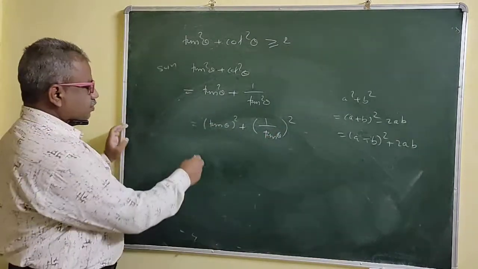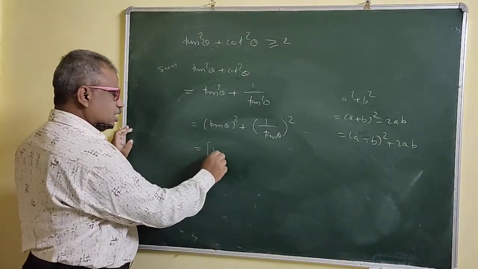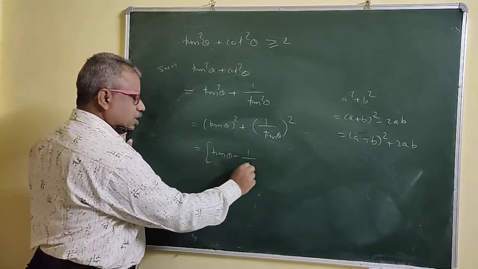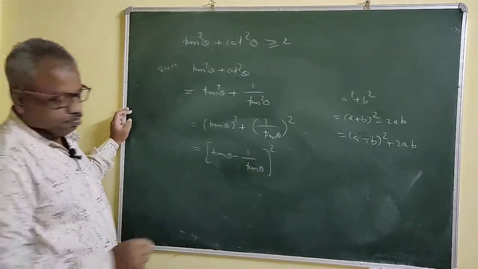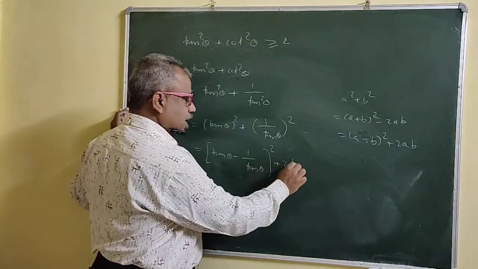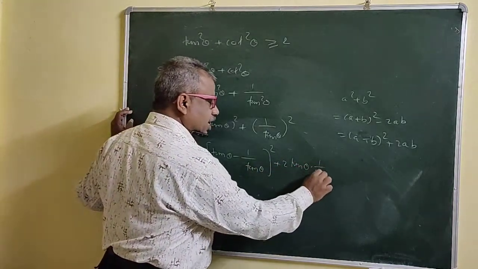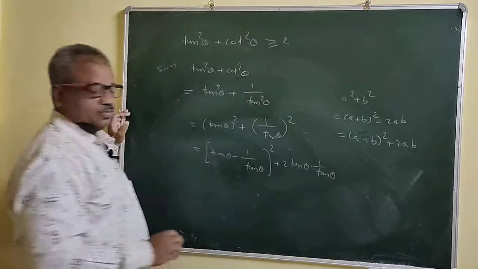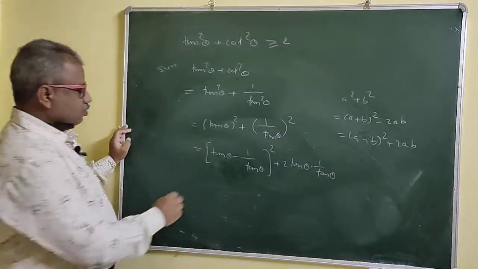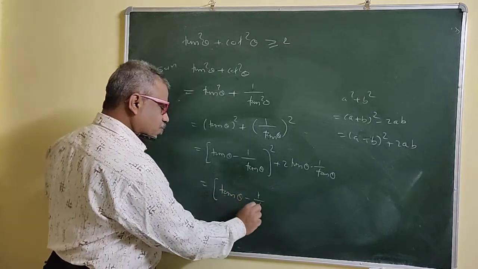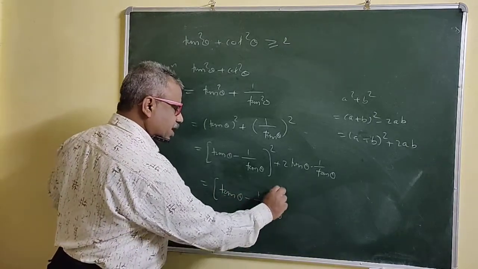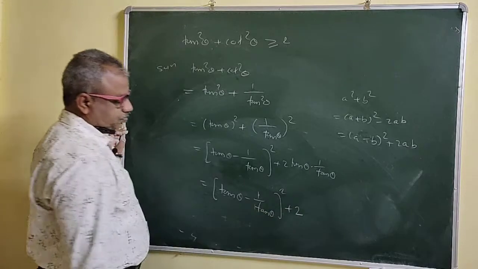So this is tan theta minus 1 upon tan theta, whole square, plus 2 tan theta into 1 upon tan theta. So this is equal to tan theta minus 1 upon tan theta, whole square, plus 2.